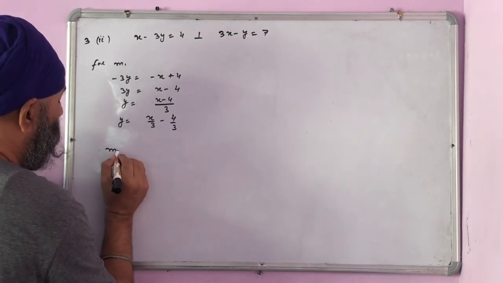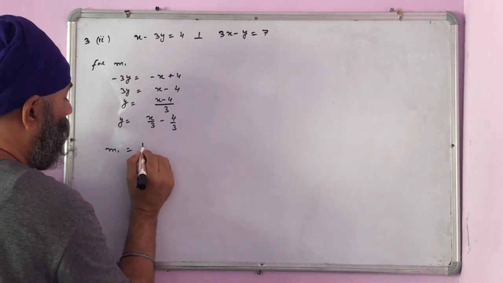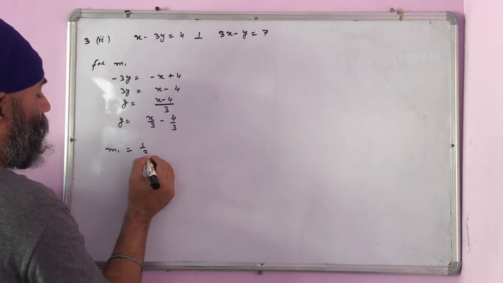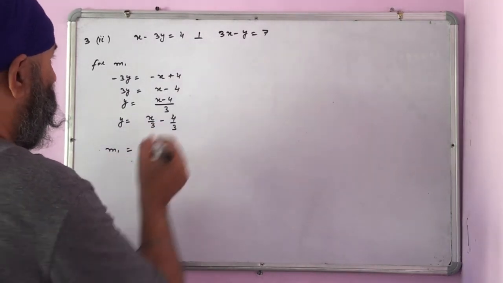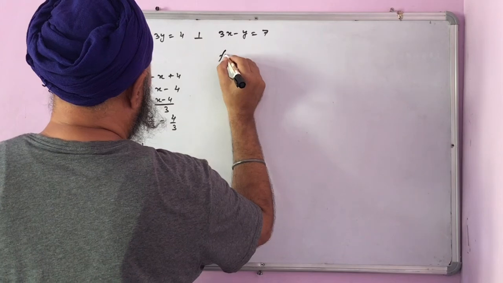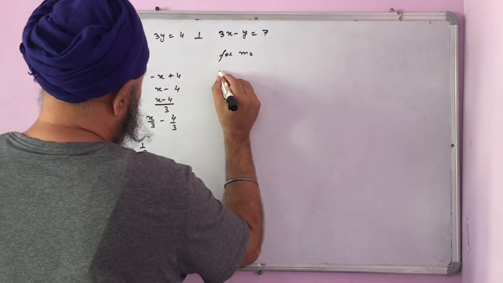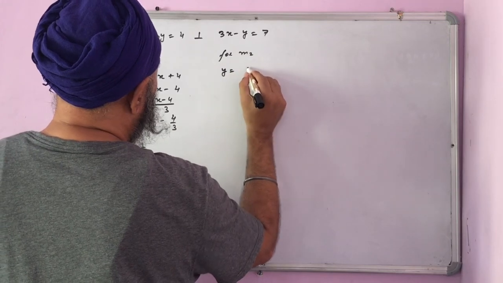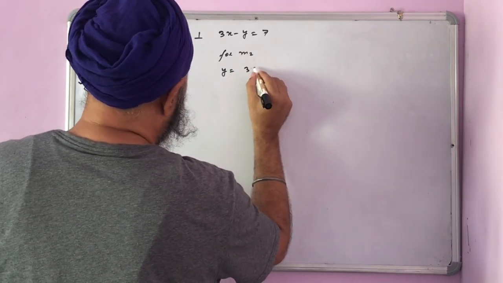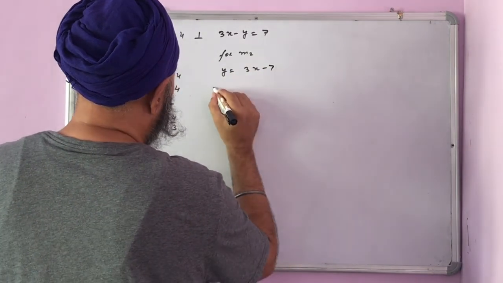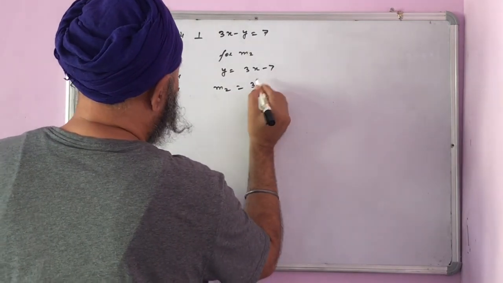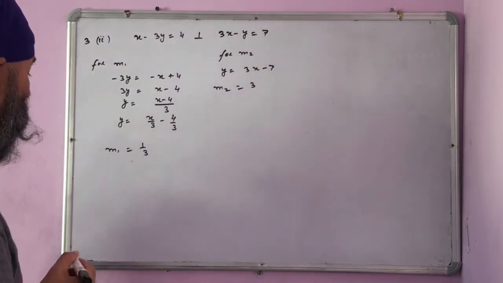So m1 is 1 upon 3. Coefficient of x is 1 upon 3. Here for m2 we find slope. y is equal to 3x minus 7. So m2 is 3. Coefficient of x is 3.